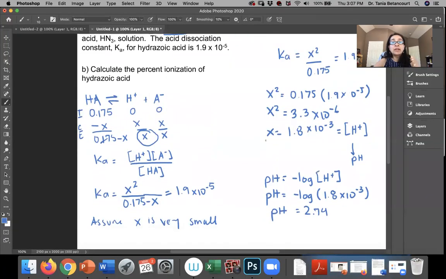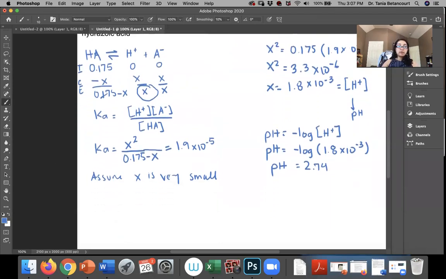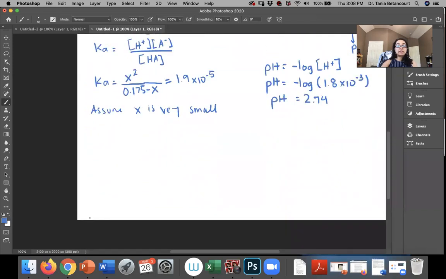In part B, we're going to calculate the percent ionization of hydroxylic acid. So remember that the percent ionization is the same thing as the percent dissociation, and is defined as the hydrogen ion concentration at equilibrium divided by the initial concentration of the acid, times 100 in order to make it a percentage.